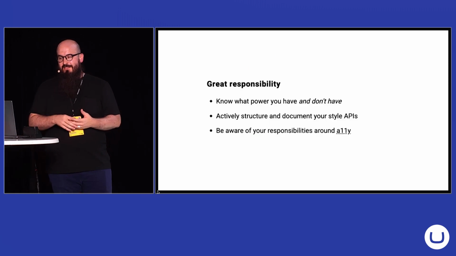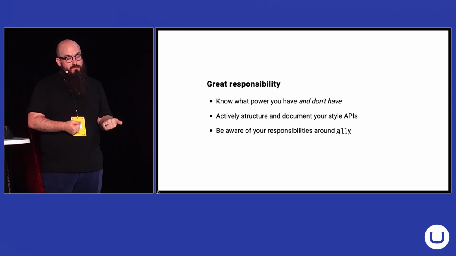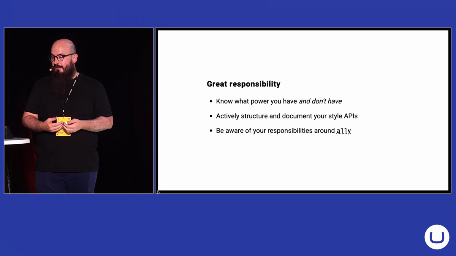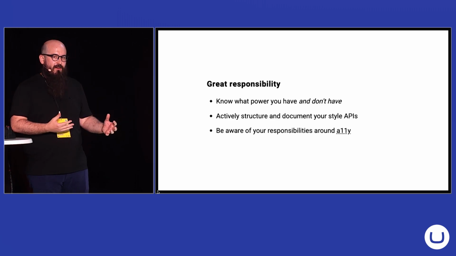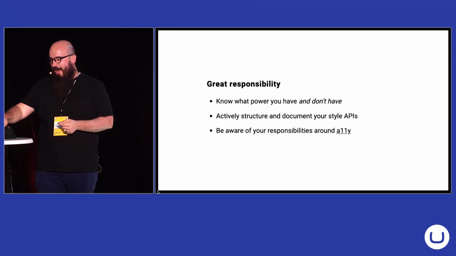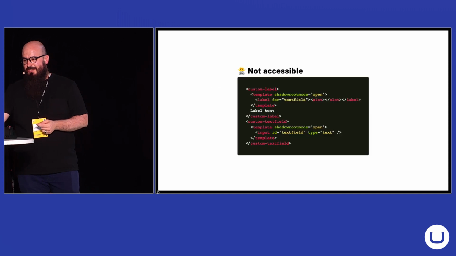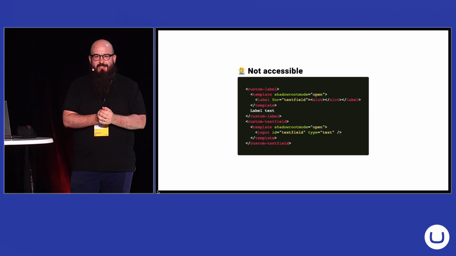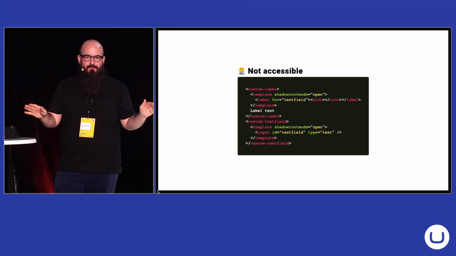Beyond that, it's also important to realize the responsibilities that you have around accessibility when you're working with your shadow DOM bearing custom elements. We've heard accessibility a lot already today in the conference, and we're going to hear a lot more about it this afternoon. And as part of that process, you might see this DOM and think, oh, I've created a custom label, and I've created a custom text field. Let's ship it.